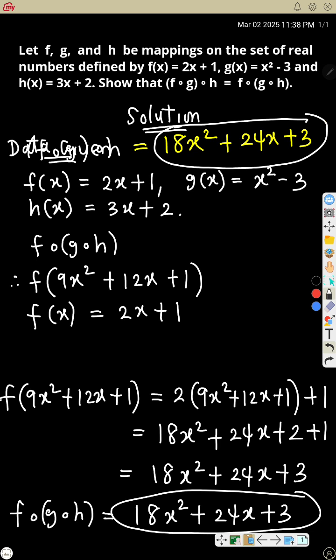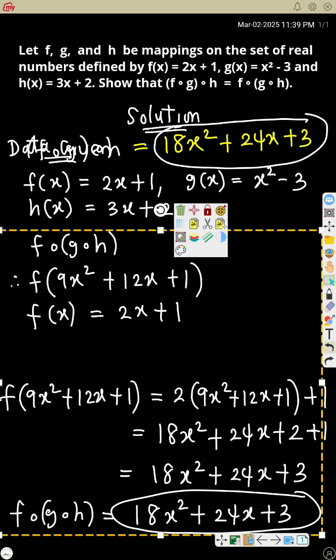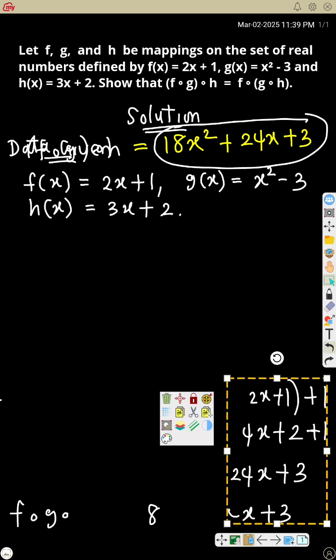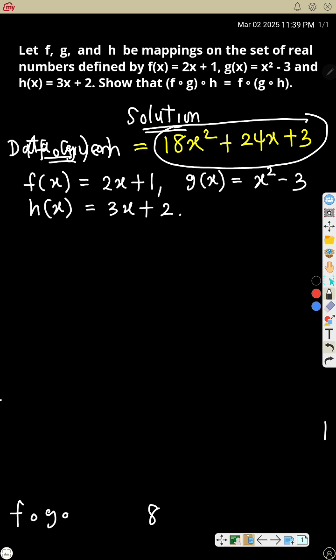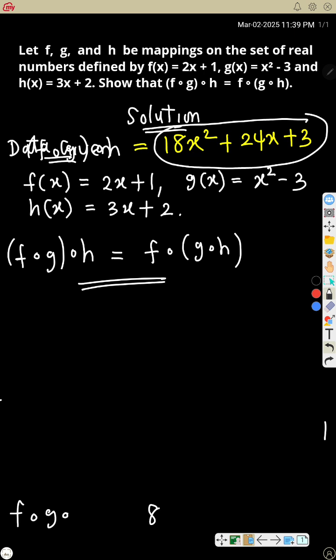So we have already proved that, because the results are equal, we have shown that f of g of h is equal to f of g of h. We have proved that because we have the same results.